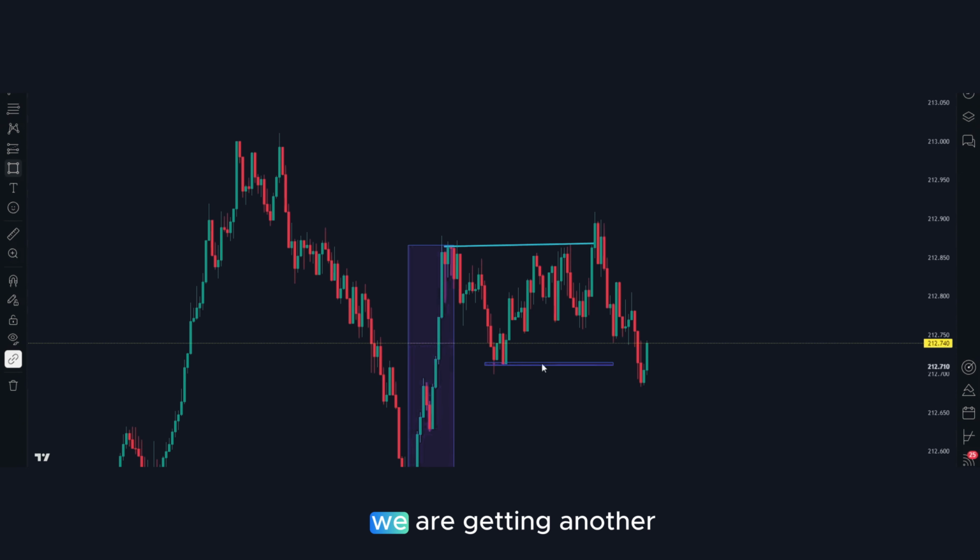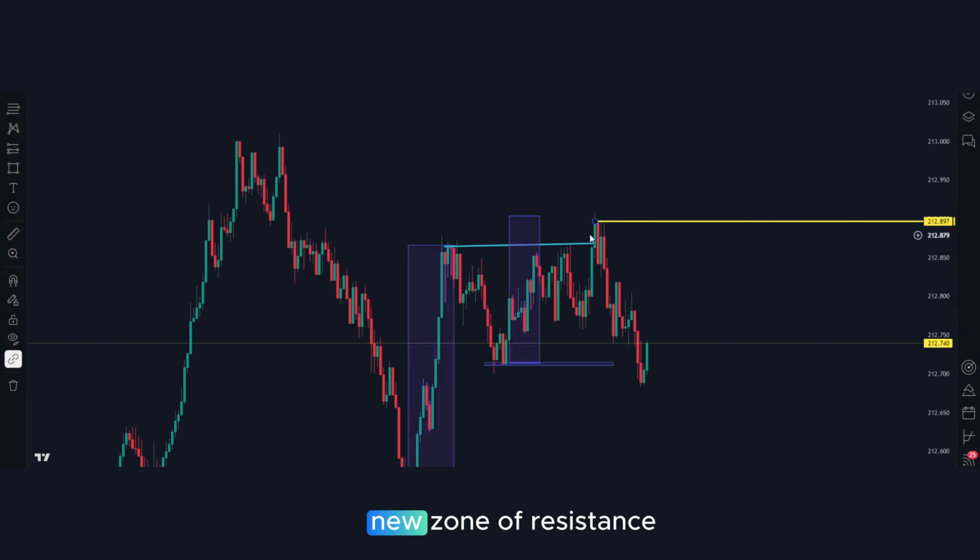Then we are getting another clean push to the upside. That clean push is the one breaking this high here, and you're seeing the market is creating a new high at that point, creating a zone of resistance.